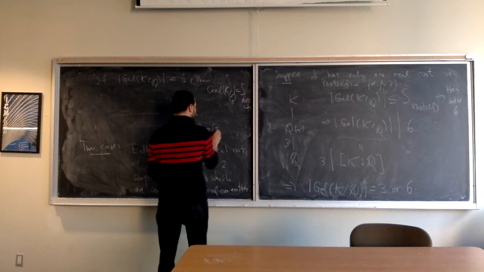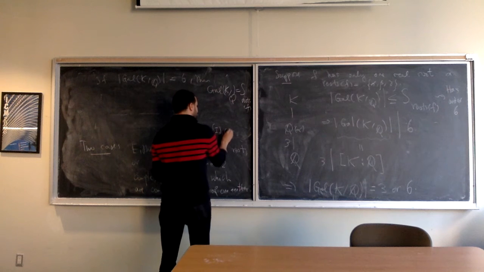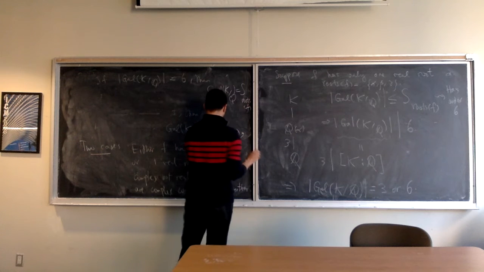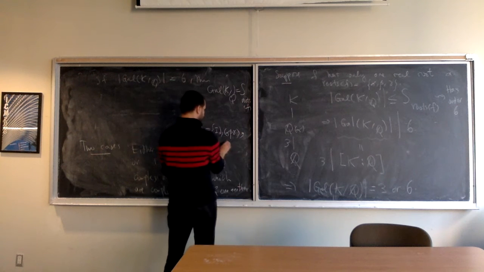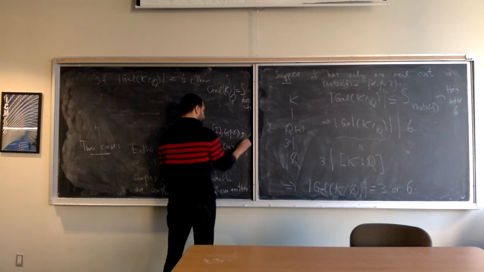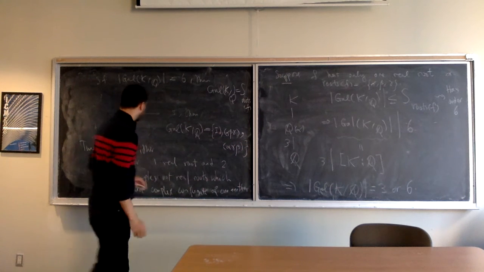It consists of the identity, the 3-cycle (alpha, beta, gamma), and the 3-cycle (alpha, gamma, beta), which is the square of that.